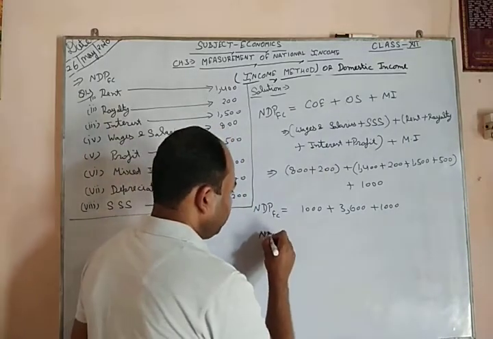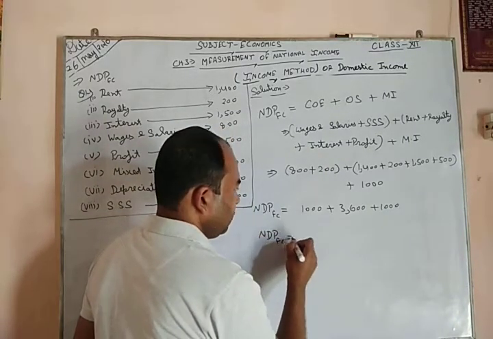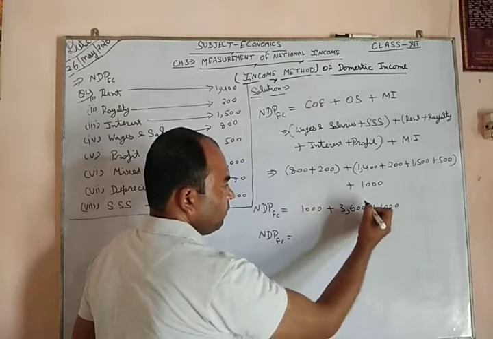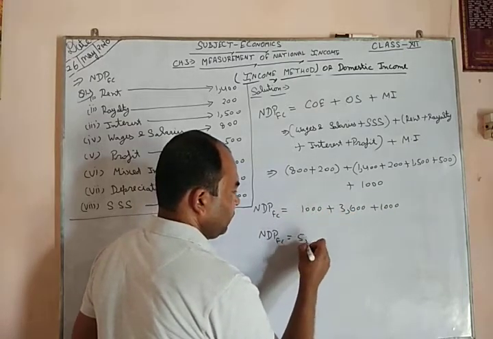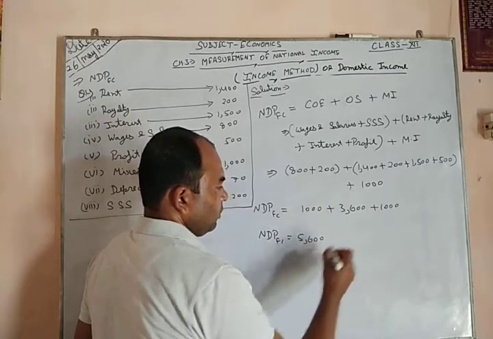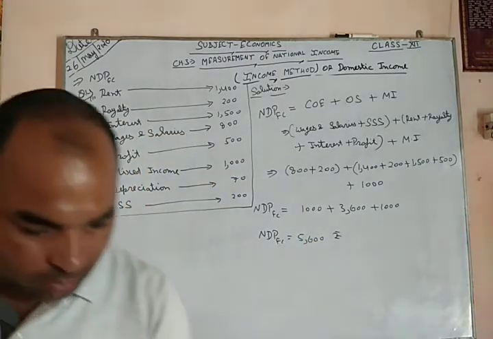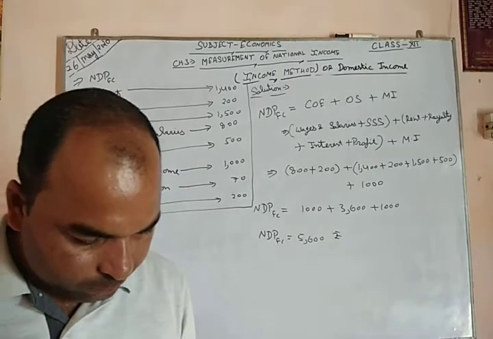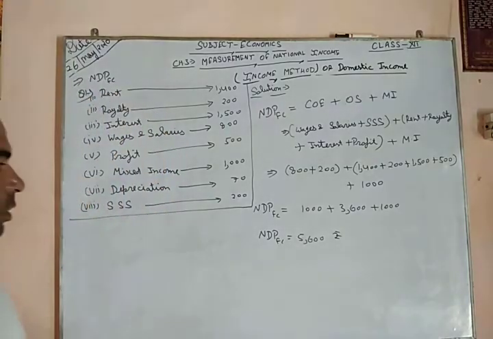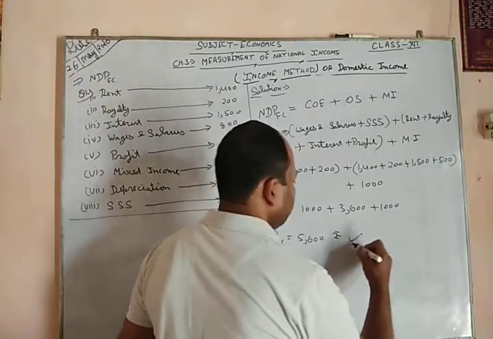NDPFC is equal to 3000, 4000, 5600 rupees in crore. It is clear to students? Now 5600. Yes, your right answer is good.